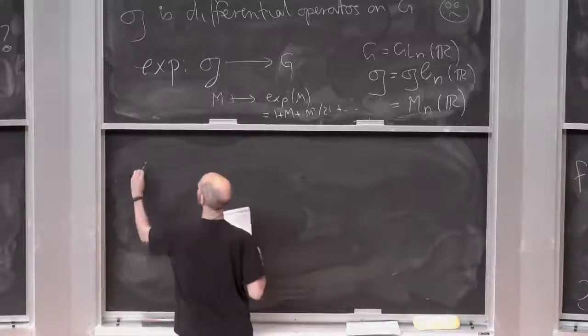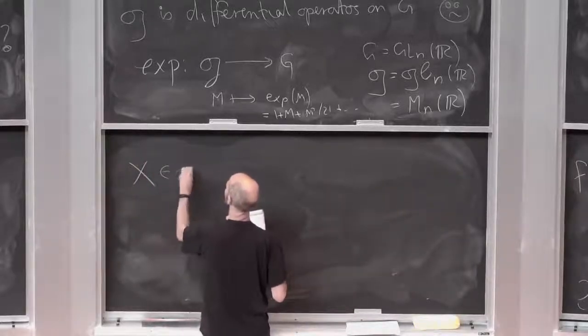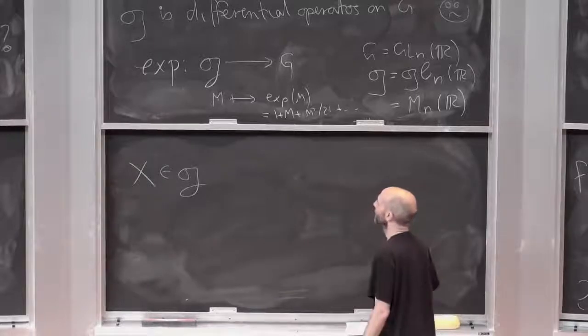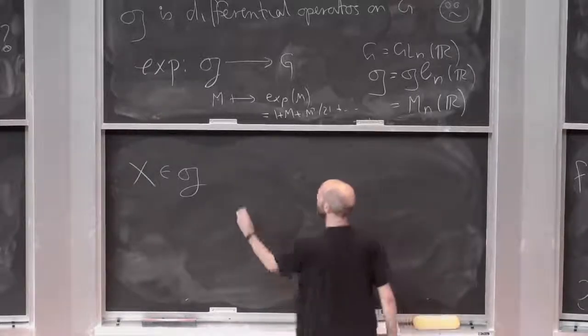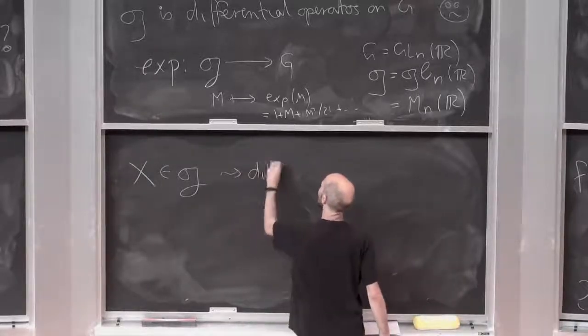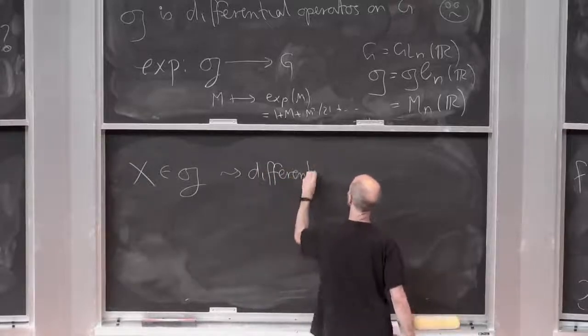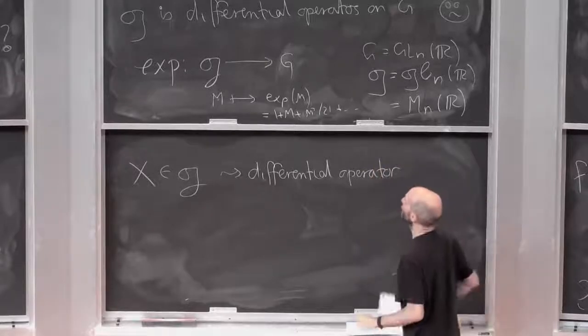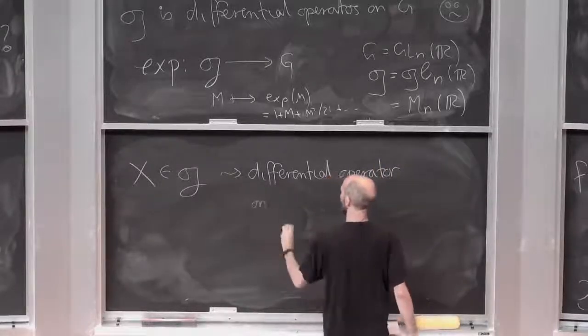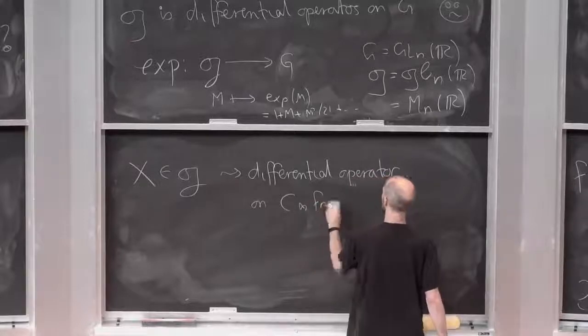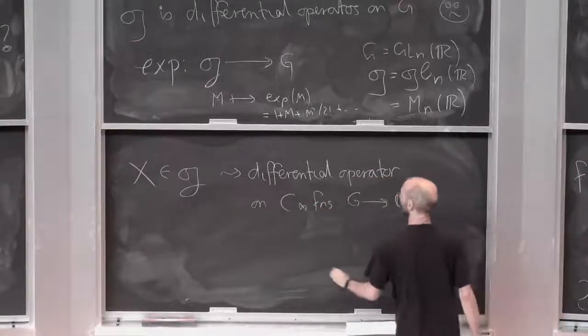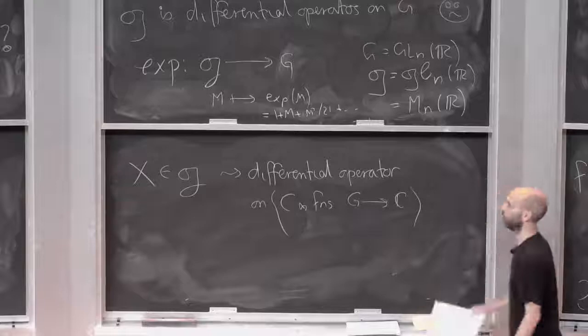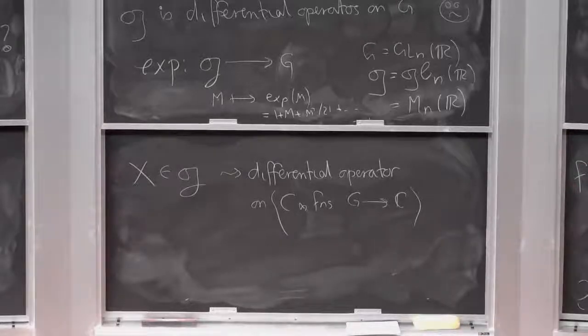If I've got x in the Lie algebra, then I'll give you a differential operator on the C infinity functions from G to the complexes. I just want to look at all functions on G. I'm humiliated. You just know far more about it than me. Sorry.